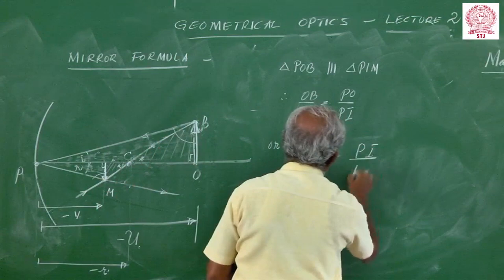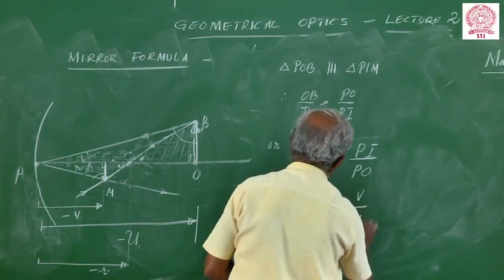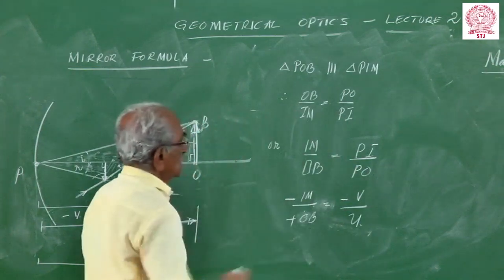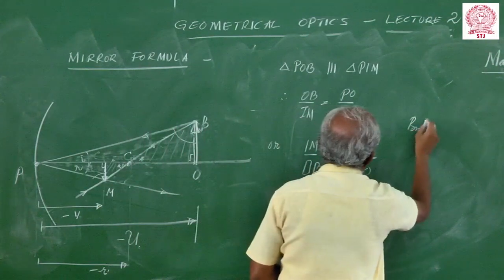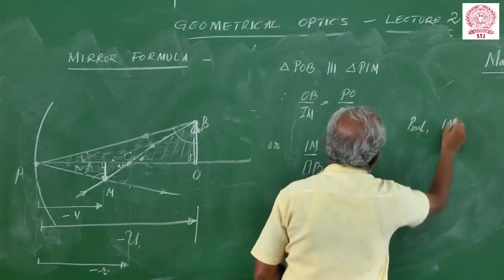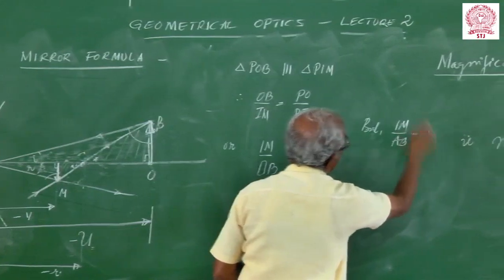Reciprocal on both sides, minus V over minus U. But IM over AB is by definition the magnification.